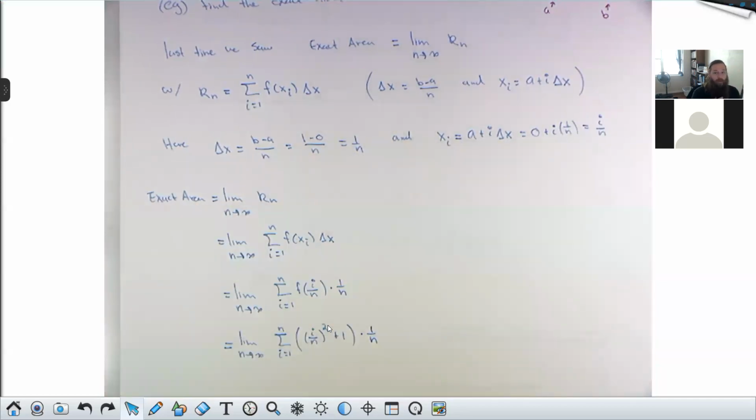And this is where we're going to start to use those rules for the sigma operator. First, I'm going to distribute this 1 over n over these terms. I'm going to square this out. Then I'm going to split up the sum. Then I'm going to bring out whatever constants I can from both sums. Then I'm going to apply the summation formulas. Then I'm going to take the limit.